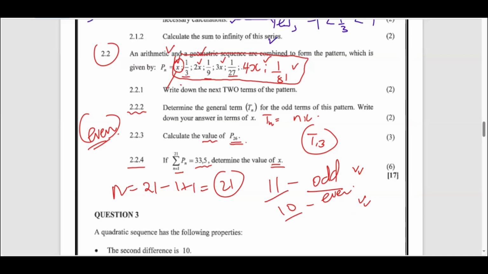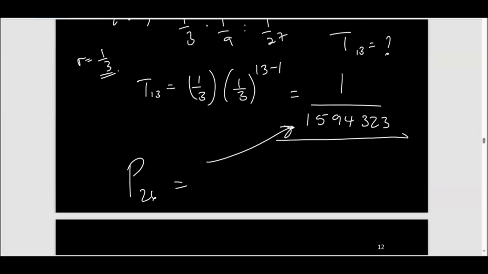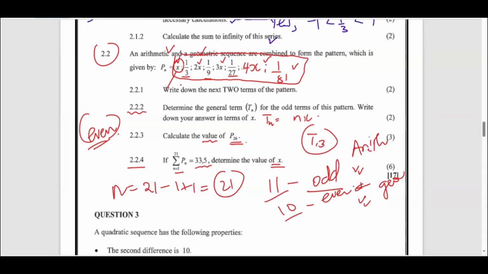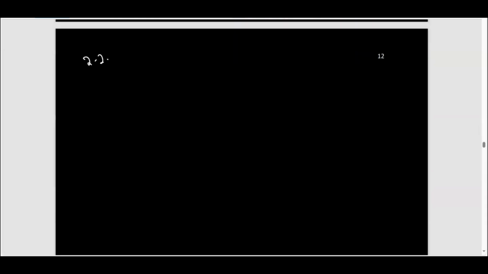So the odd numbers are the arithmetic now. And then the even numbers are the geometric. Okay, so I'll go down. This is 2.2.4.